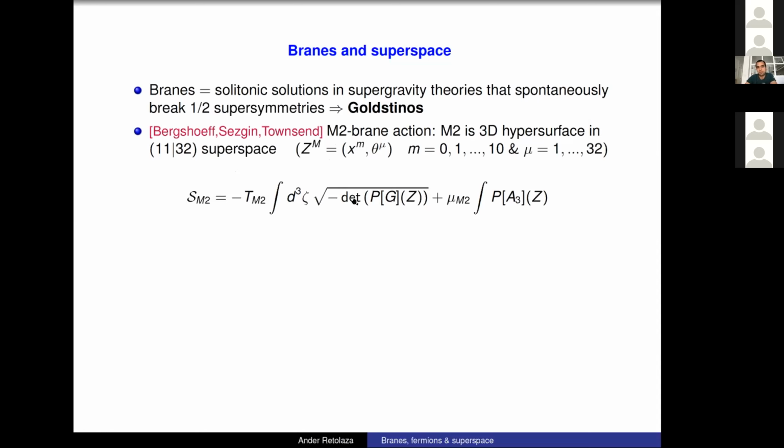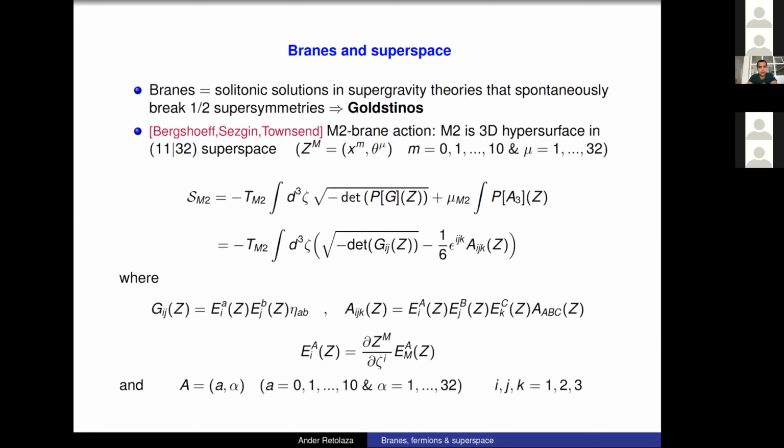It's very similar to the bosonic one, but instead of having the regular metric, we have a metric superfield that depends on all superspace coordinates, and the same goes for the three-form that we have in M theory. This is the Wess-Zumino part, of course. We can write this using index notation.